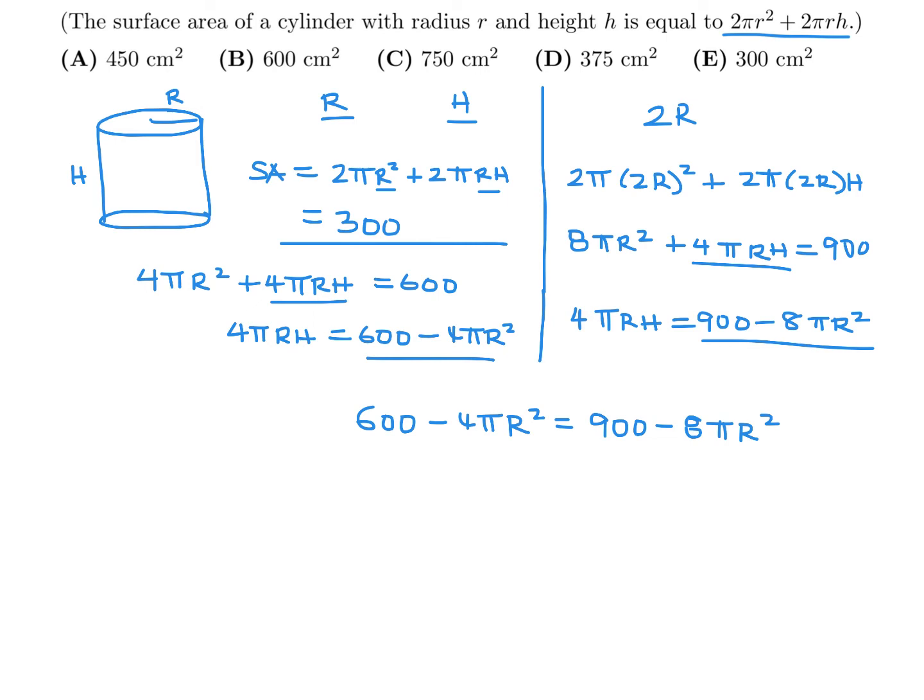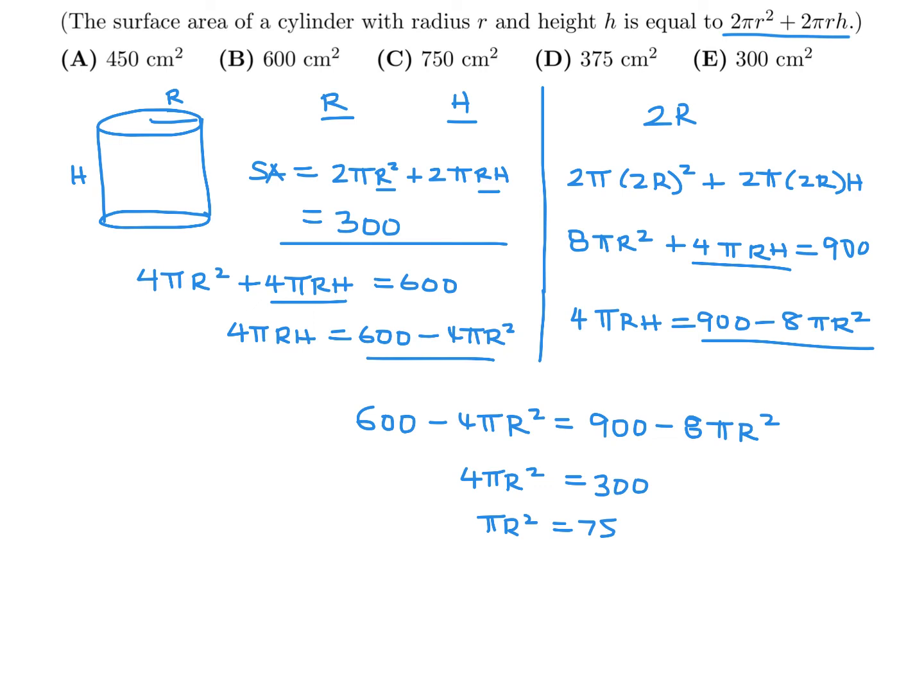I think we can, let's say, bring everything over, and this can be 4 pi r squared, and this will be 300, I believe, if I did that correctly. So that means that pi r squared is 75. Is that right? I think so. Okay, good.